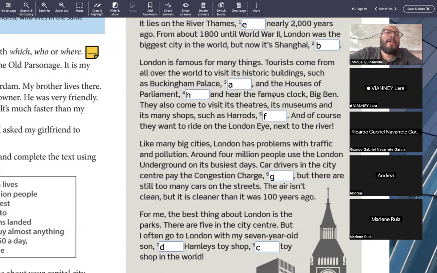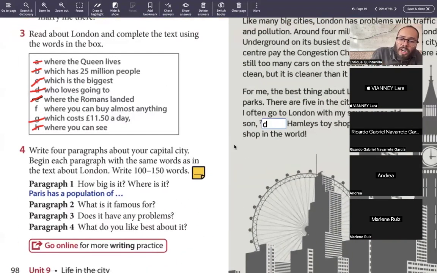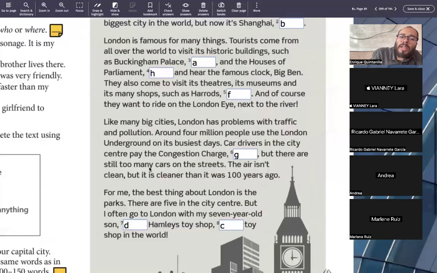Number 3, podemos empezar igual, like the third paragraph, does it have any problems? Like many big cities, Cuernavaca has problems with the traffic, the pollution, the security, whatever you want to talk about, the water service, no? I'm talking about my city, yeah? You can talk about your city.